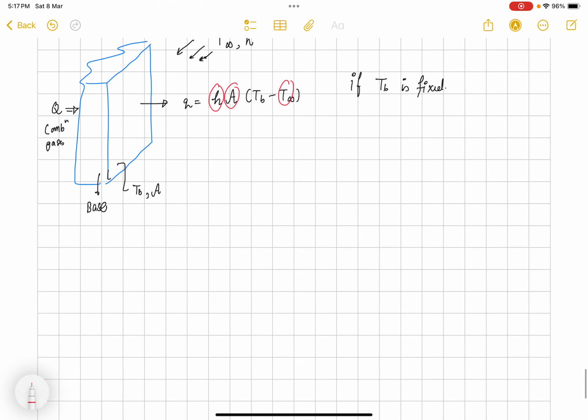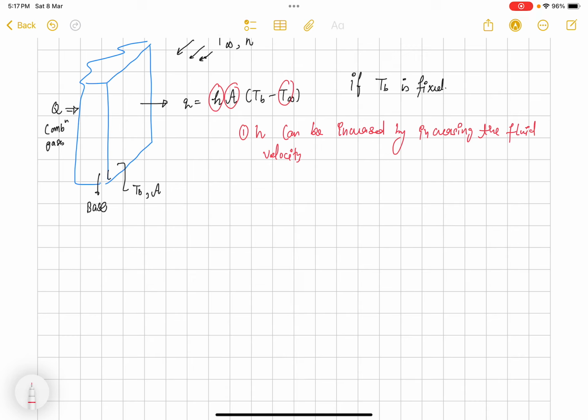So first, let's talk about h. h can be increased by increasing the fluid velocity.